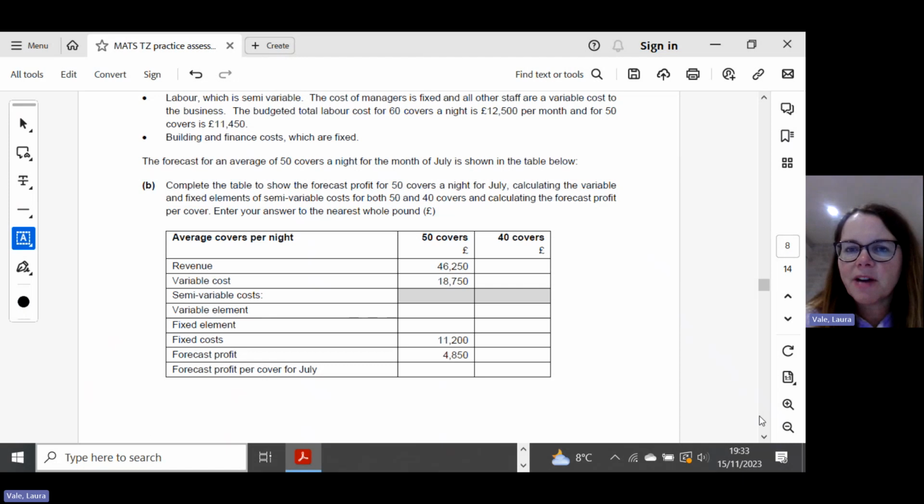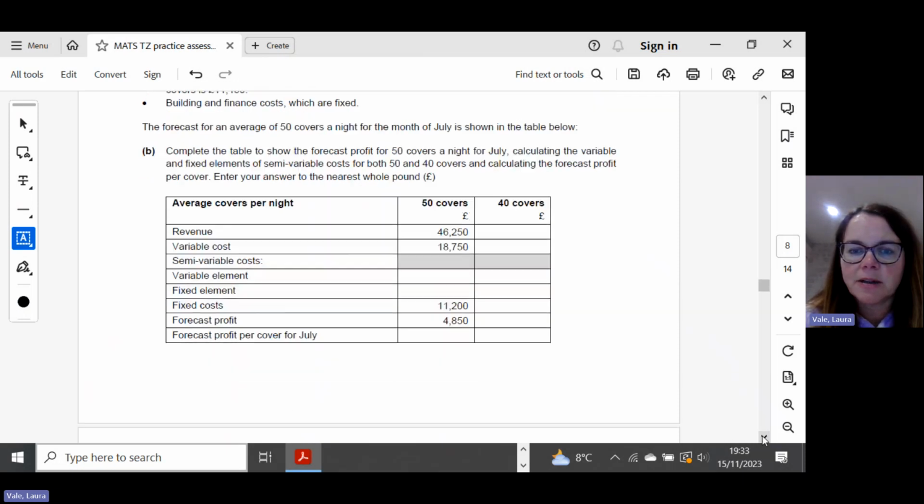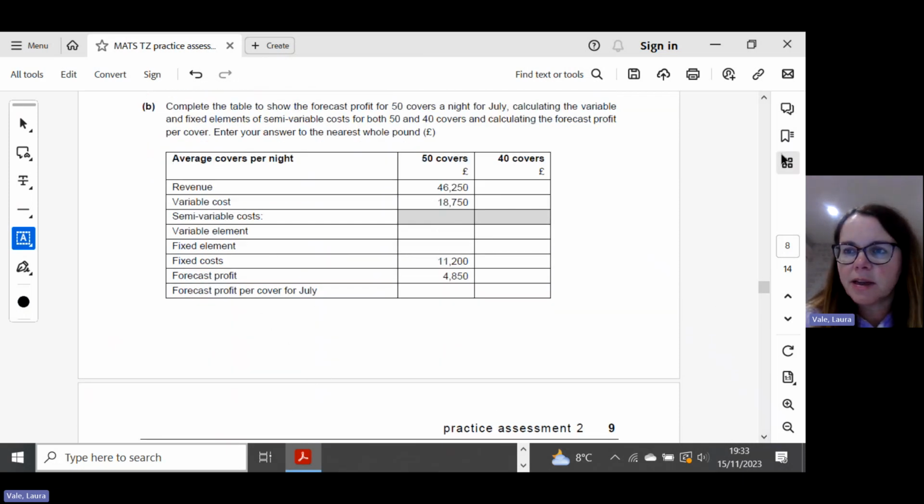Whenever I see a semi-variable cost, I know that I need to use the high-low method. So where's the best place to do this? Let's do it at the side here.